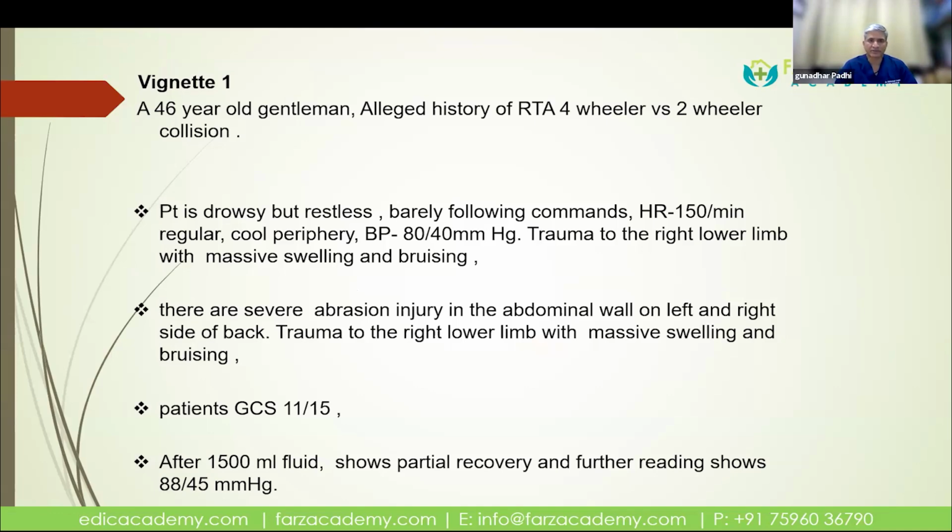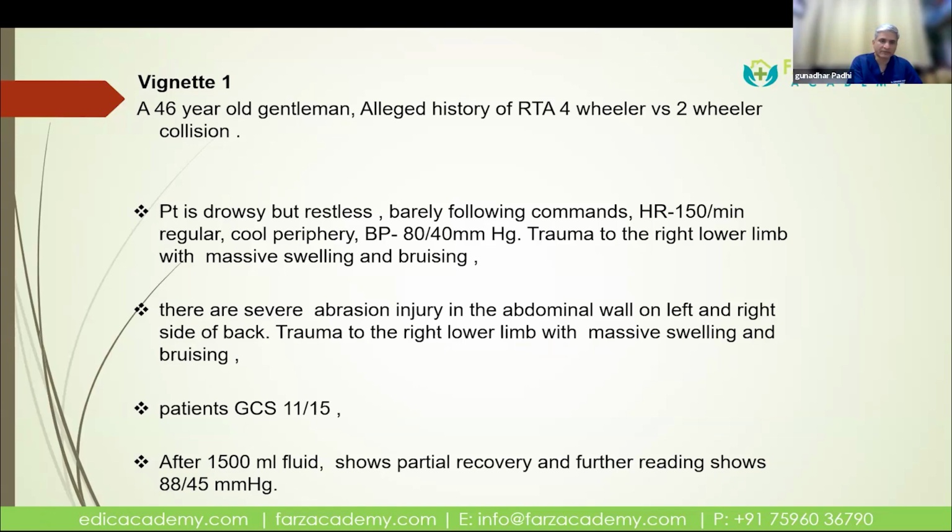The cold peripheries and blood pressure is on the lower side. There is extensive trauma to the abdomen and the right lower limb, and there is massive swelling and bruising at the same site, which looks like some kind of compartment syndrome also.